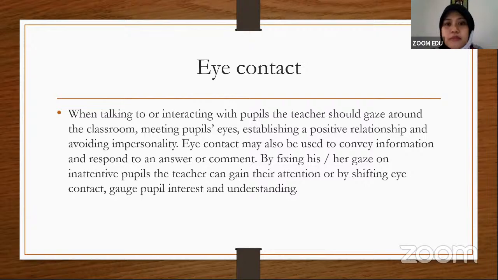Eye contact may also be used to convey information and respond to an answer or command. By fixing his or her gaze on inattentive pupils, the teacher can gain their attention, or by shifting eye contact, gauge pupil interest and understanding.